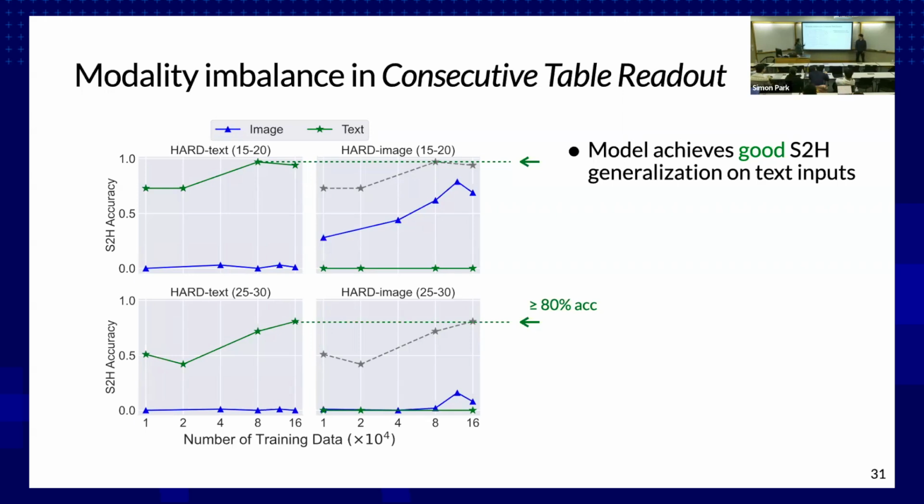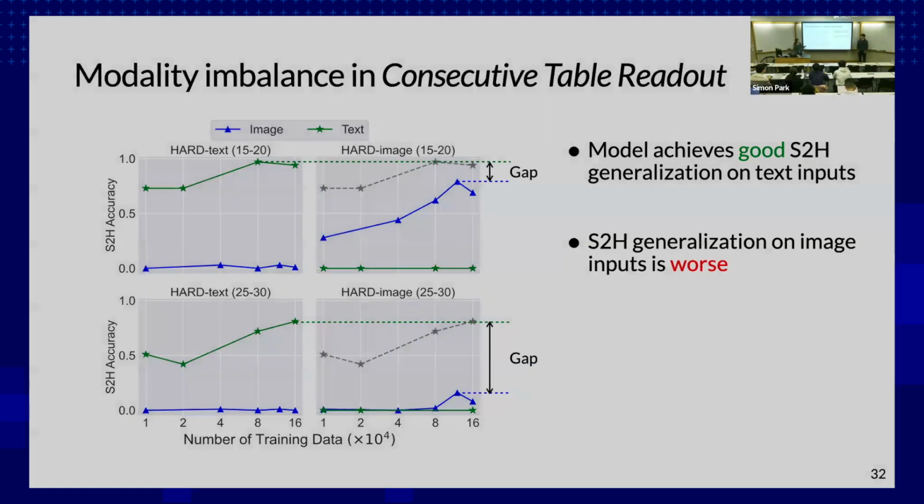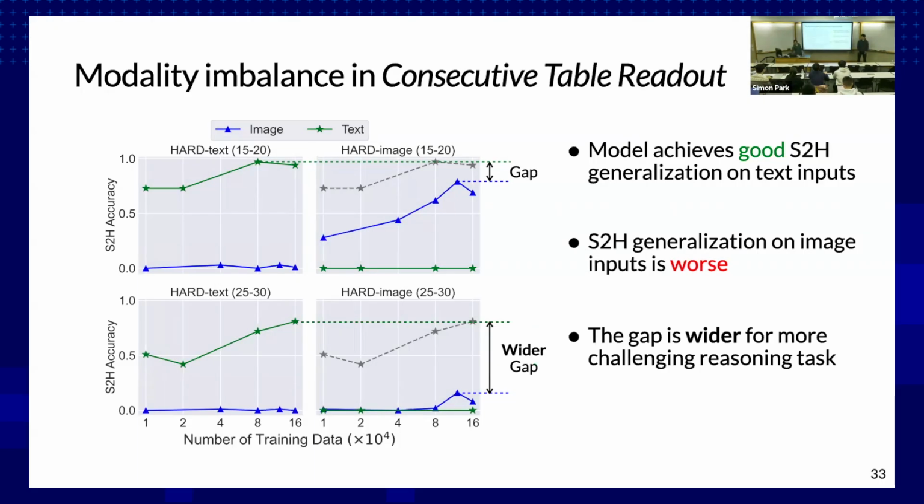So we first observed that our models achieve good S2H generalization on the text inputs, at least 80% accuracy, but their performance on the equivalent image inputs is lagging behind. And specifically, the gap becomes wider as the reasoning task becomes more challenging.